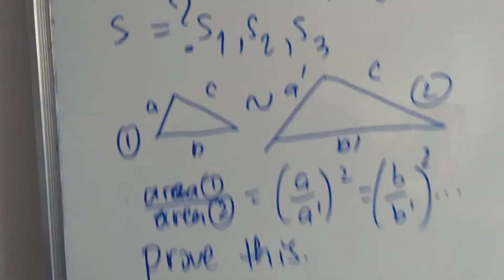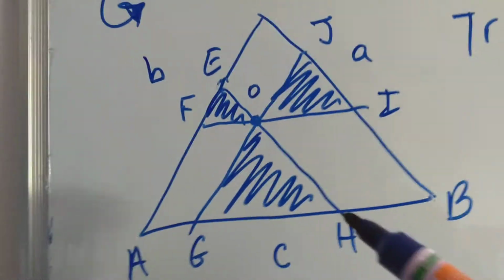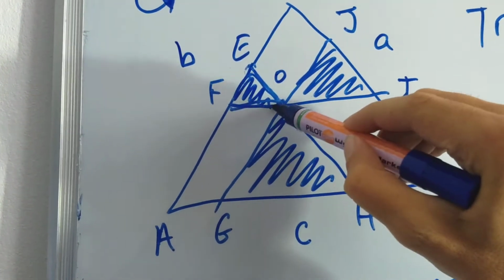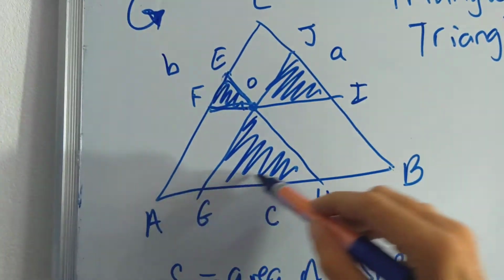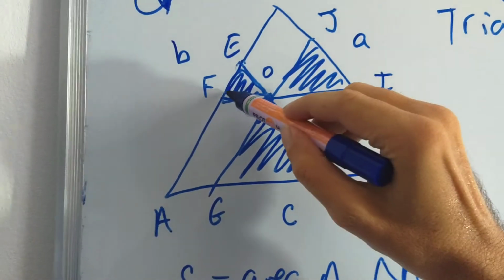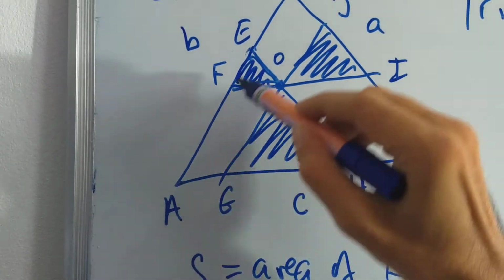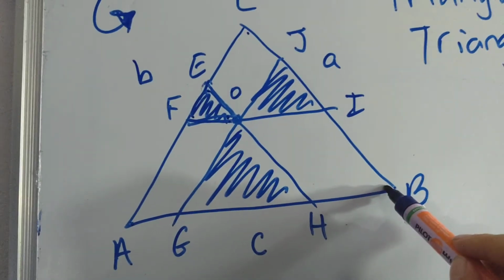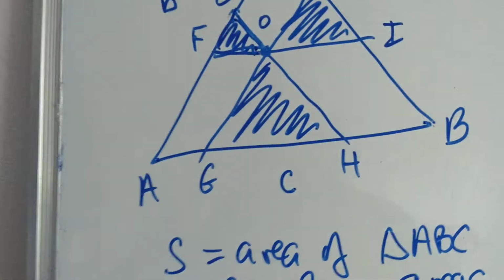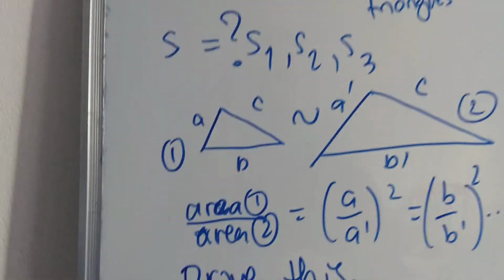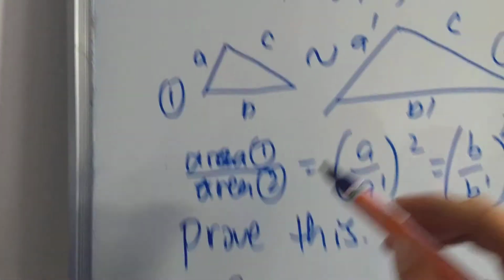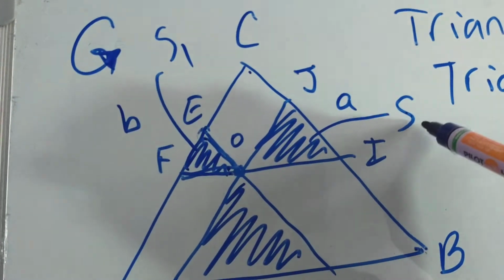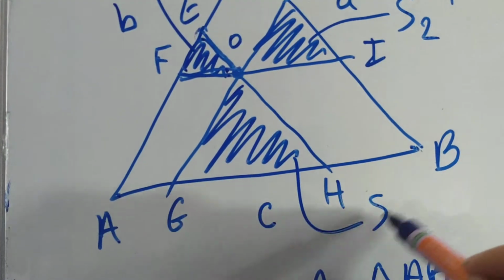Now let's apply that to here. Let's look at this carefully. First of all, this triangle is similar to the big triangle, okay? Because this angle is the same as this angle. This angle is the same as this angle, and this angle is the same as the B angle. Okay, so right away I have S1 over S. Let's call this area S1, and the area of this triangle S2, and this one S3.